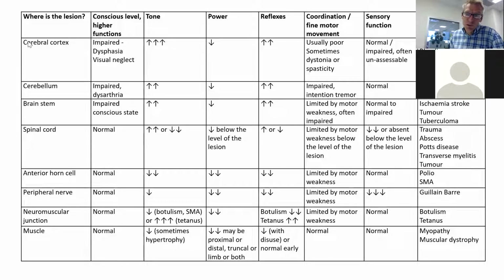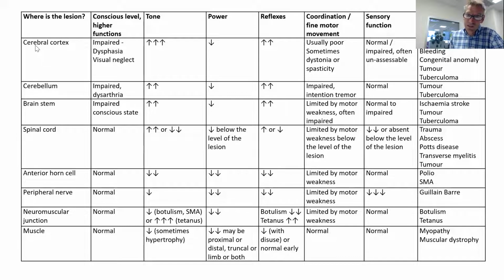And these are important. You might think there's no point in making a distinction between these different levels, but there is, because different pathologies occur at different levels. All right. And so if you can say confidently where the lesion is, then you've got a good idea of what the lesion is.